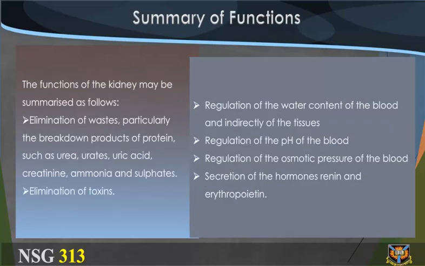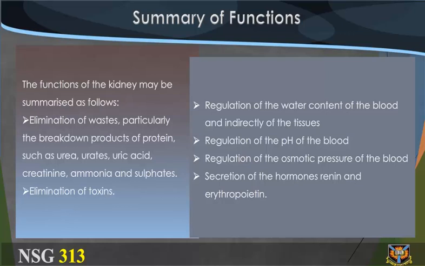Summary of functions. The functions of the kidney may be summarized as follows. Elimination of waste, particularly the breakdown products of protein, such as urea, urate, uric acid, creatinine, ammonia, and sulfates.